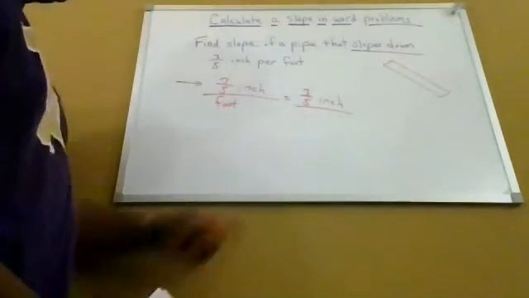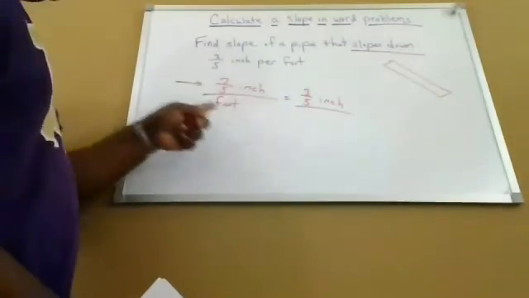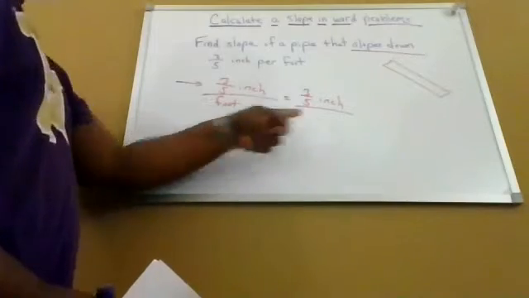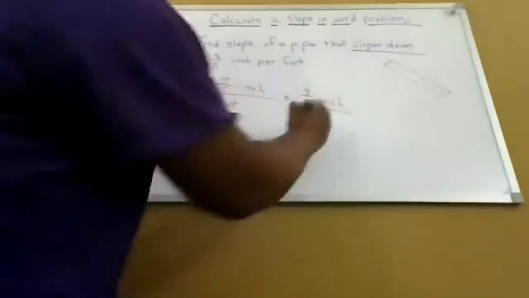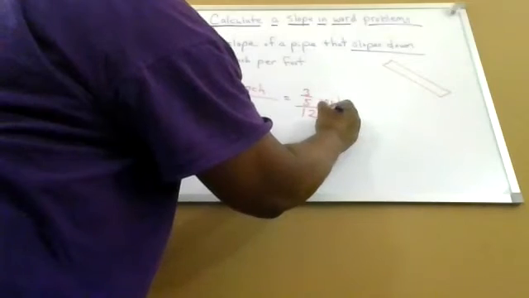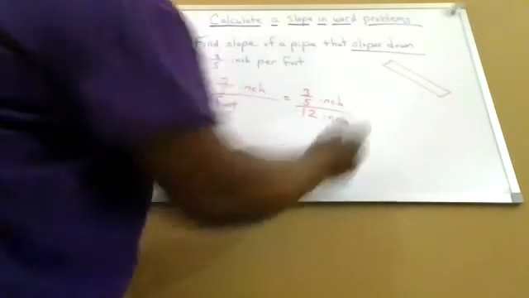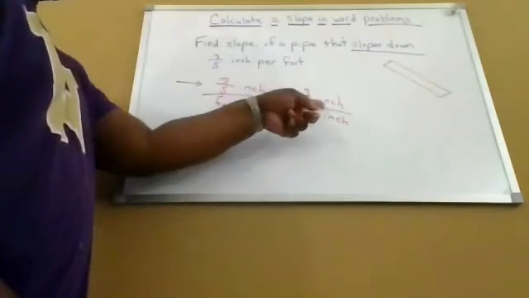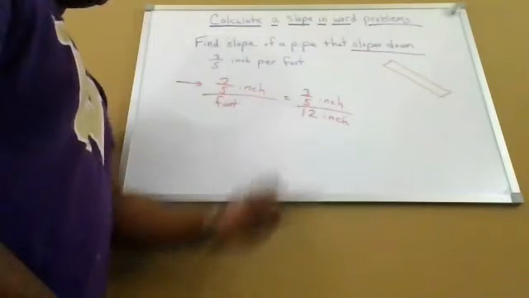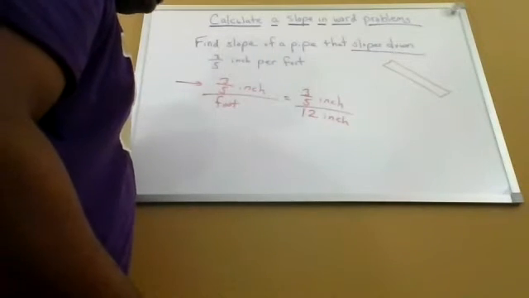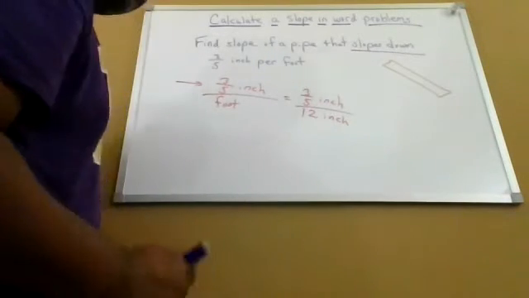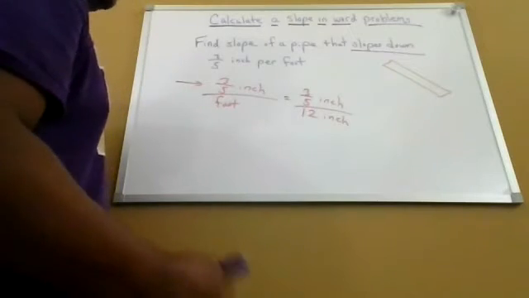The numerator will stay the same, 3/5 inch, but 1 foot equals 12 inches. So we're going to change our denominator to 12 inches. And now that our numerator and denominator have the same units, we can simplify this by first rewriting this as 3/5 divided by 12.